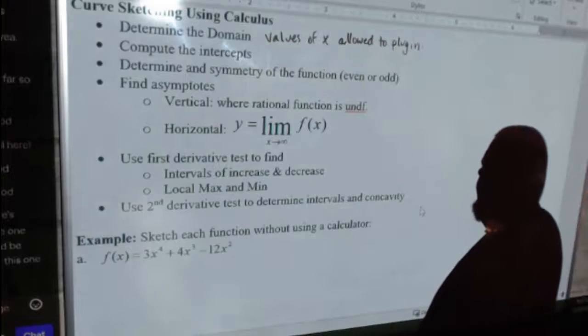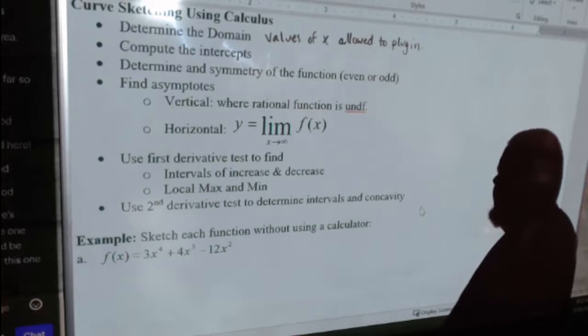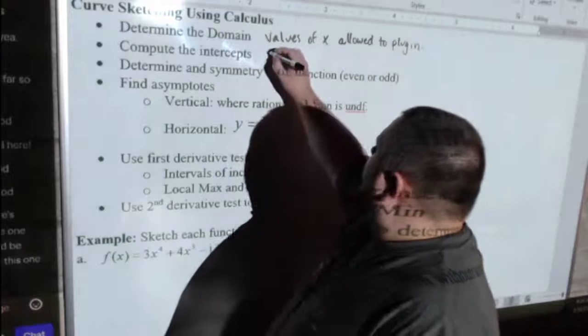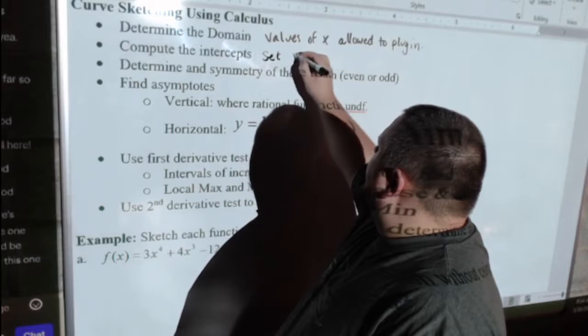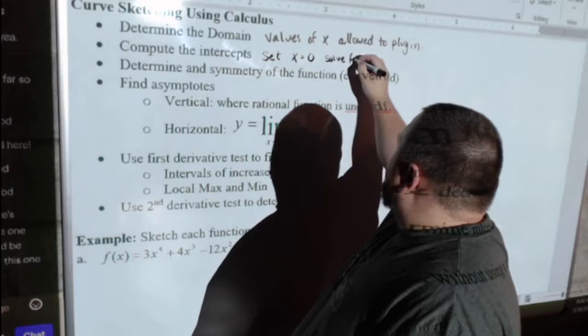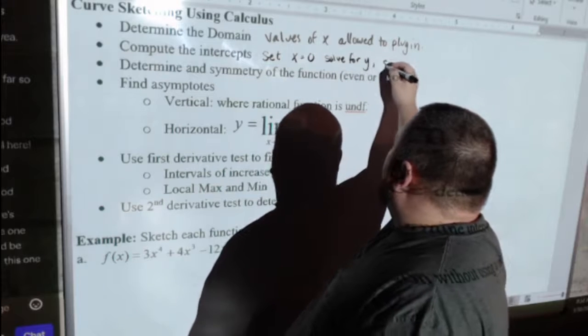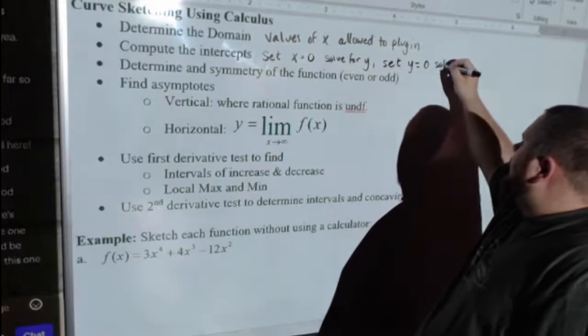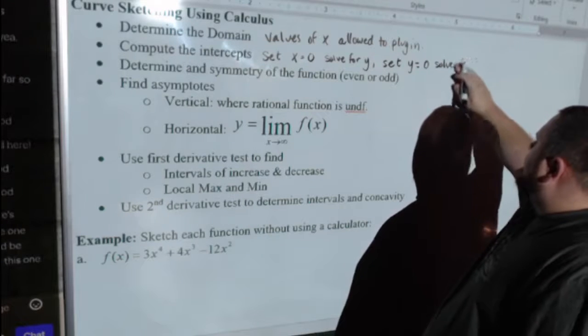Then we need to compute the intercepts. So we can set x to 0, solve for y, set y 0, solve for x.